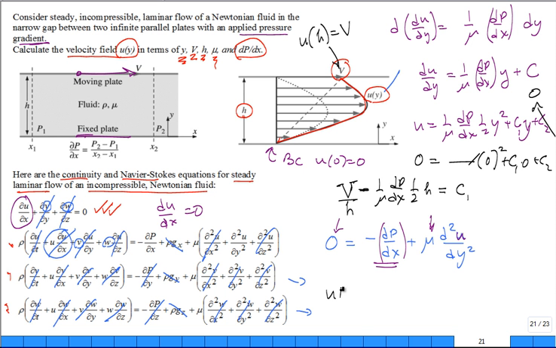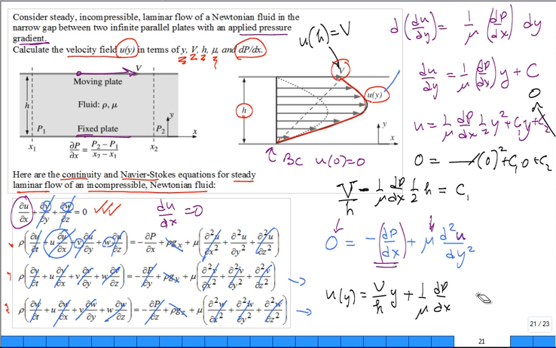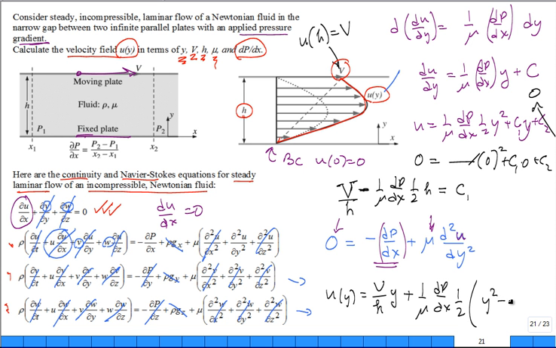That u as a function of y is equal to V over h times y, that's right, plus 1 over mu dp dx times 1/2, we're going to have y squared minus h times y, like that.